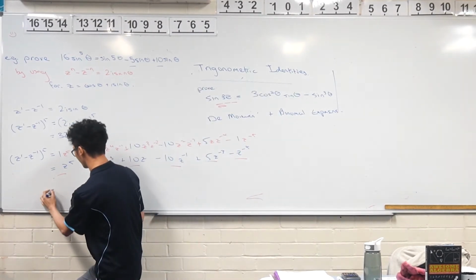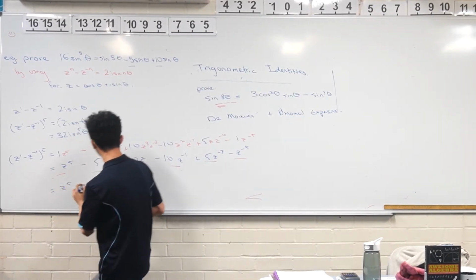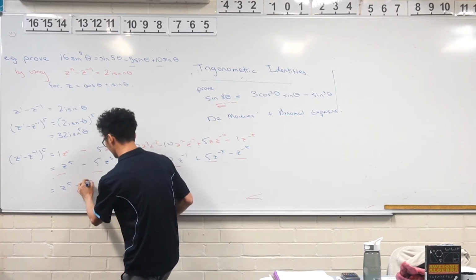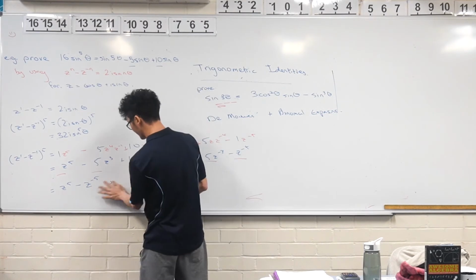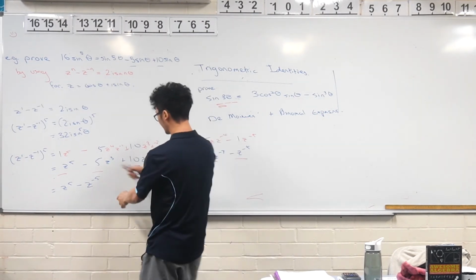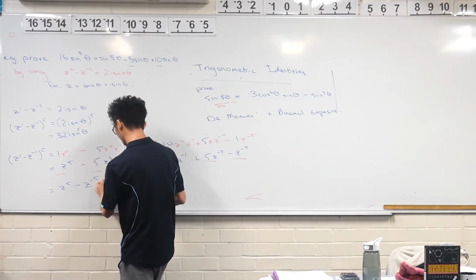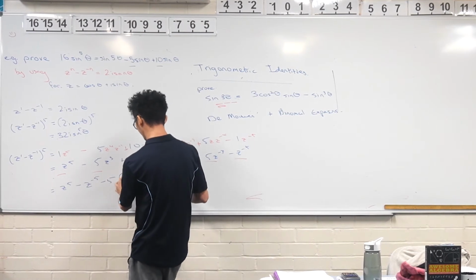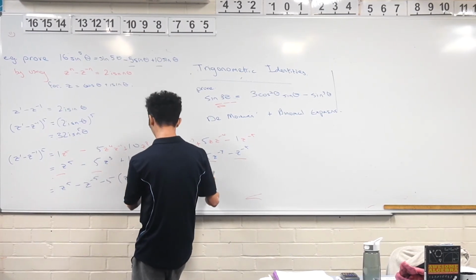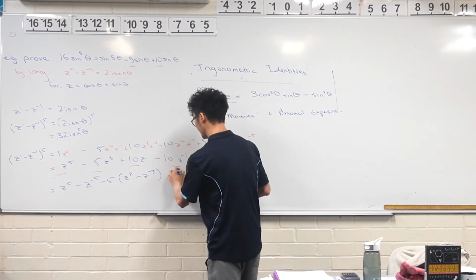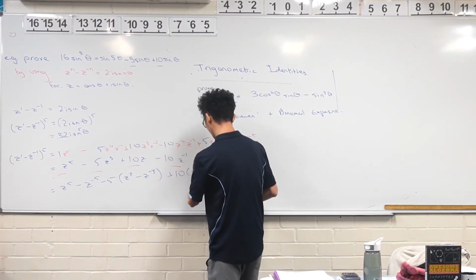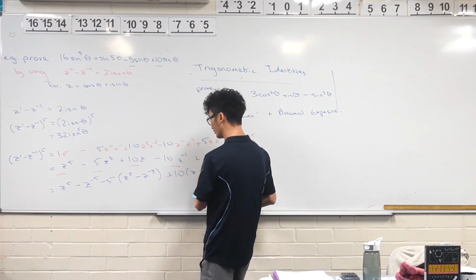So we can group these up in a particular way: z^5 minus z^-5. Then I can factorize out a negative 5 here, so that's z^3 minus z^-3. And I can factorize out a positive 10 here, so that's z^1 minus z^-1.